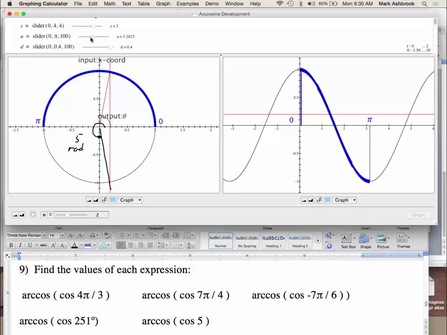Now we need symmetry to do this exactly. So we're looking for this angle right here. That's going to be the output of our cosine relating to 5 radians swept around.